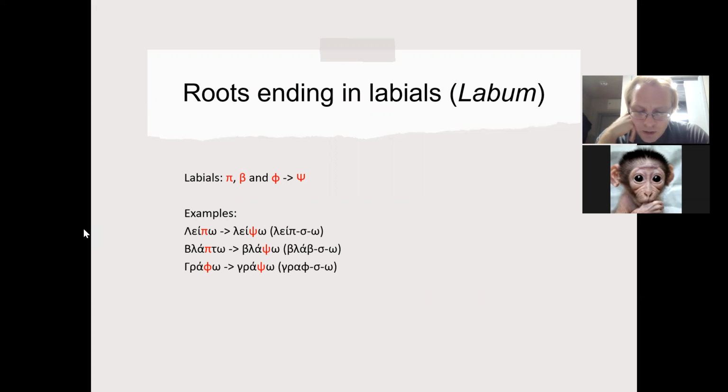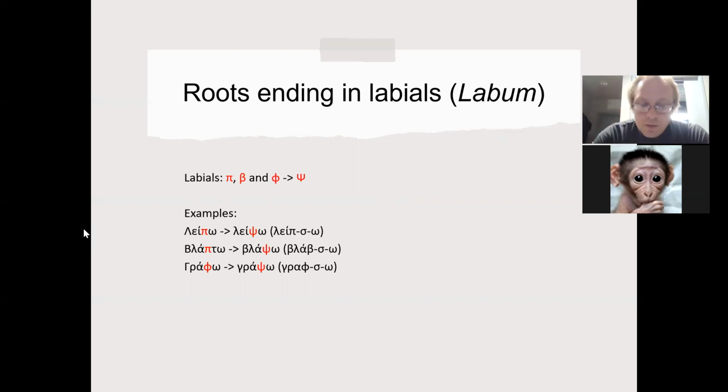The name labial comes from the Latin labium, which means lips. So these would be the consonants I form with my lips. In Greek, these consonants are represented by pi, beta, and phi.